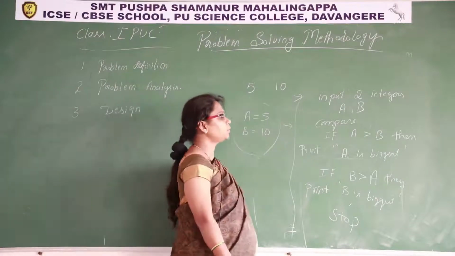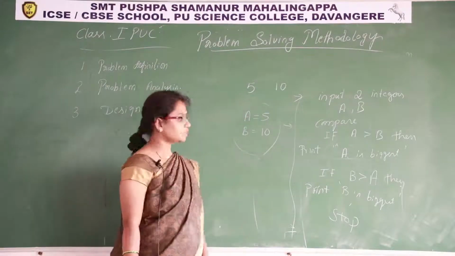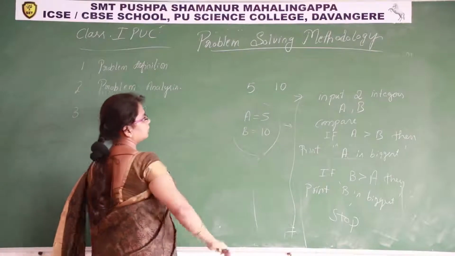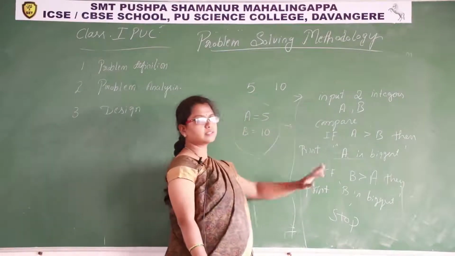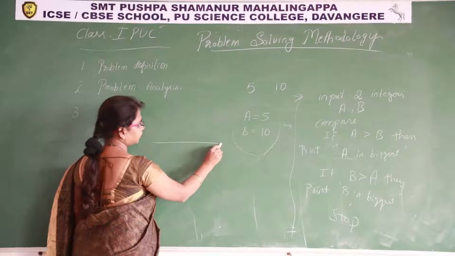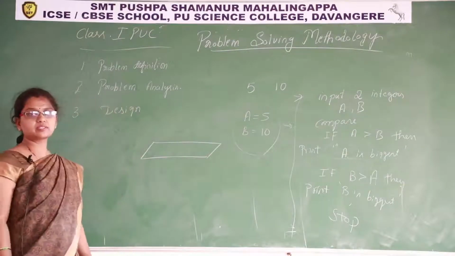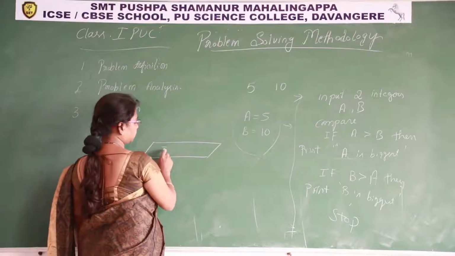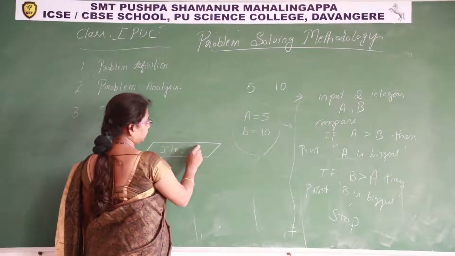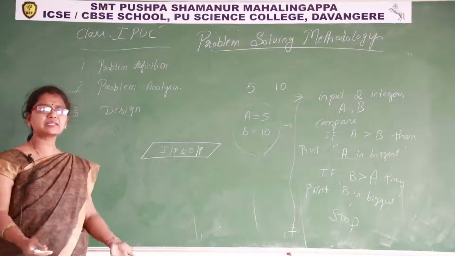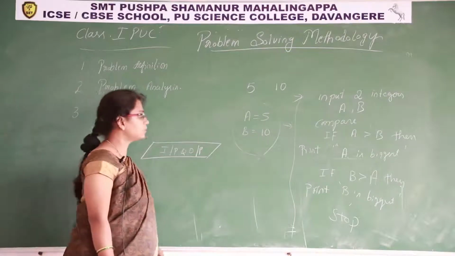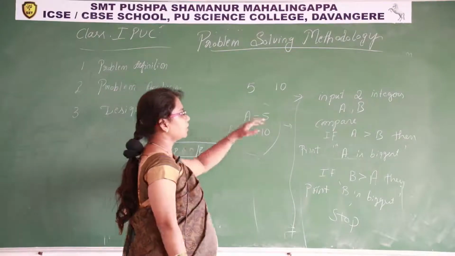So before that you have to understand some symbols. See here, input, there is a symbol. In problem solving methodology, the parallelogram represents input and output. Output means result, what you want to get. Next, compare.